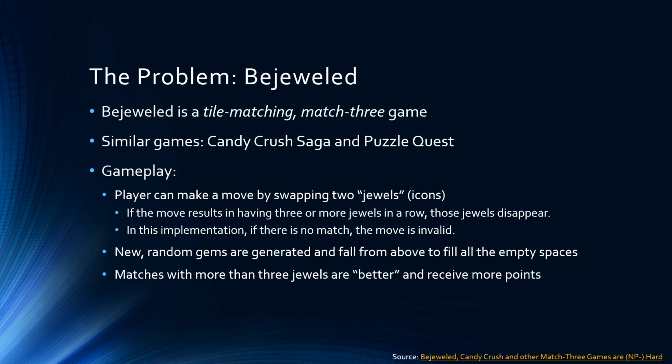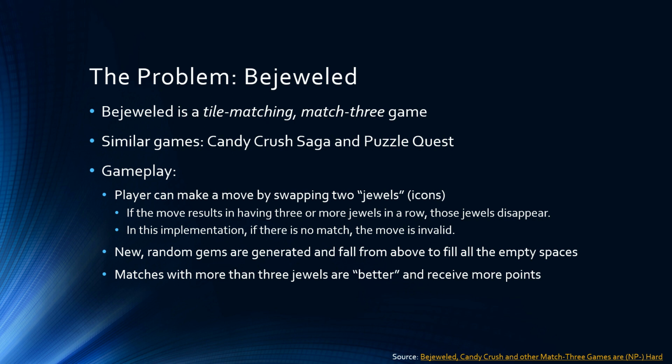The gameplay is that the player selects 2 gems to swap on a board, and if the swapping of these 2 gems creates a match, if it causes 3 or more gems of one particular color to all be the same in either a horizontal or vertical line, then those disappear and explode.